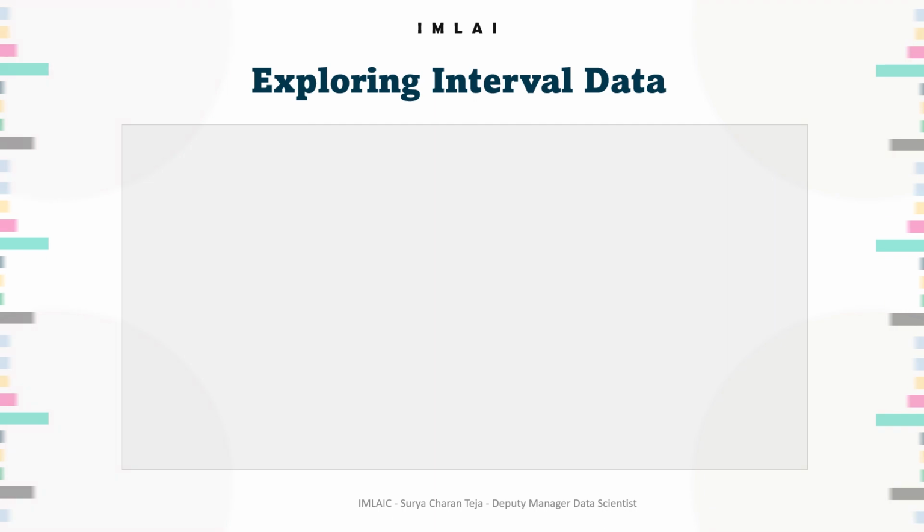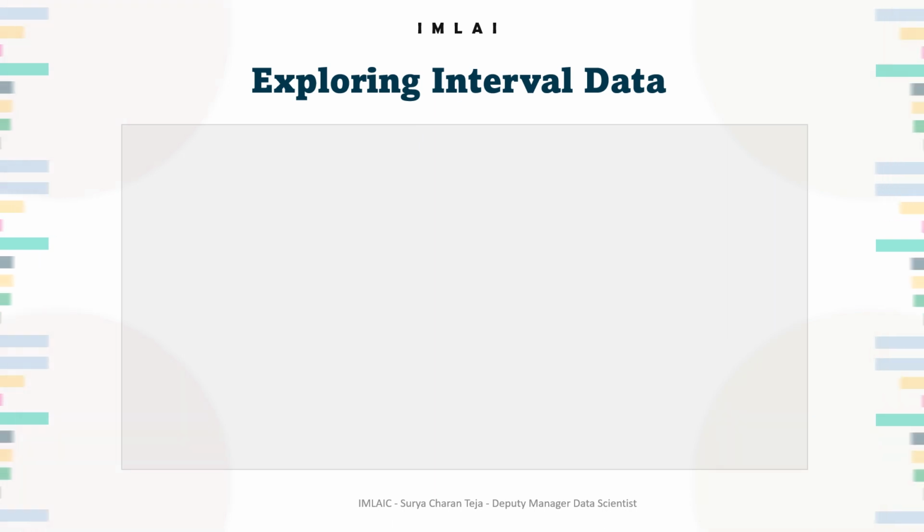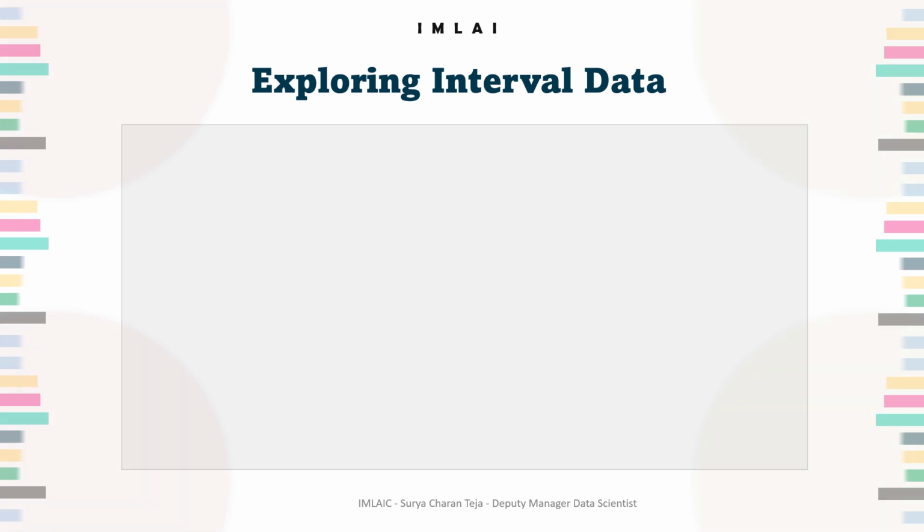Unlike the ordinal scale, the interval scale has a known and equal distance between each value on the scale. Imagine the points on a thermometer. Unlike the ratio scale, the fourth level of measurement, interval data has no true zero.